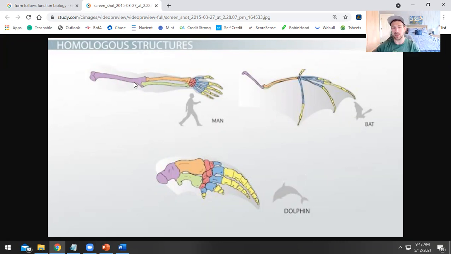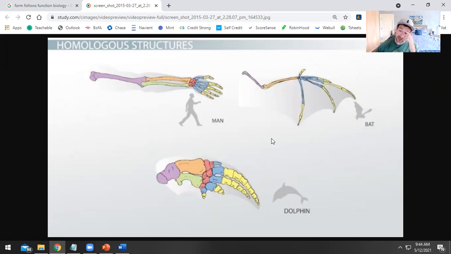They have one bone here, two bones here, and then a whole bunch of bones that break down into their palm. With the bat, same situation. One bone here, two bones right there, and then lots of little bones. They don't really have a palm. They have a big wing that makes it very easy for them to fly through the air. And in dolphins, one bone here, two bones here, and then this, which allows them to have a fin.